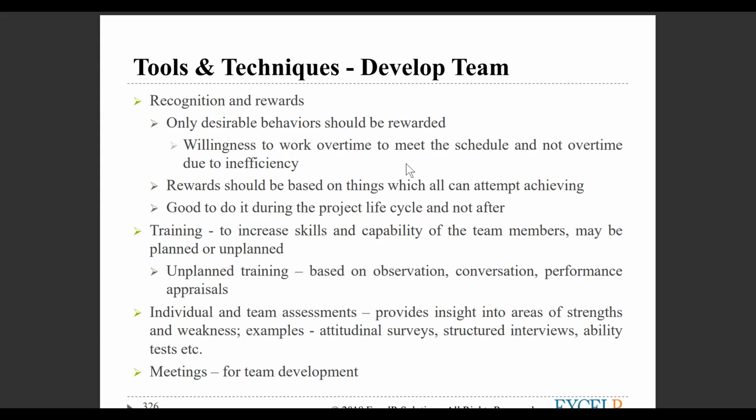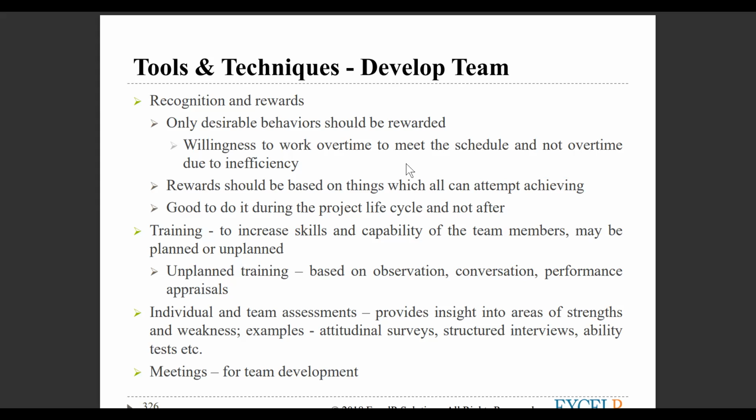And also you have to ensure that none of the resources are working overtime. Ensure that you are not asking the resource to work 10 hours or 12 hours. It's not a good sign for any project manager. That means you have not taken adequate measures for your project.